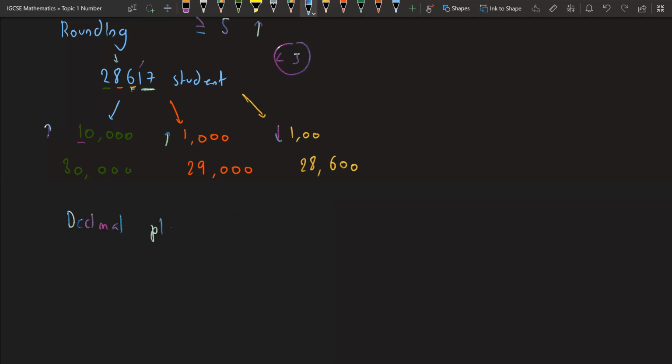Let's say I have 7.864, and I want to round to the first decimal place. dp represents decimal place.